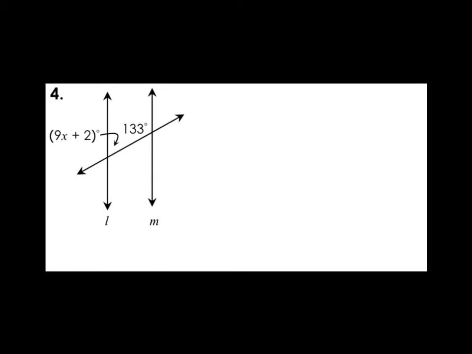All right, for our next example, we have 9x plus 2 and 133. And these are on the same side, and they're inside the parallel lines, so they are same side interior angles. All right, remember that same side interior angles are supplementary, which means they're 180 degrees.